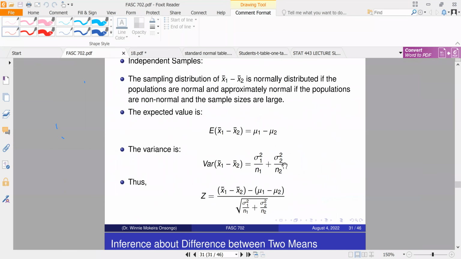Now, the reason the variance is expressed this way is because of independence. Independence here means that the units in population 1 share no common characteristic with units in population 2. And therefore, there's not going to be any covariance. There's not going to be any interaction between population 1 and population 2.